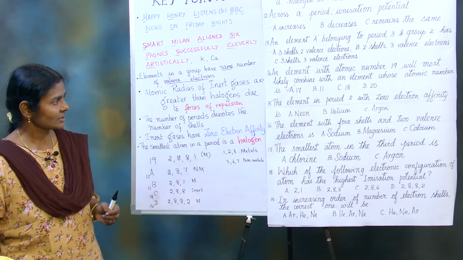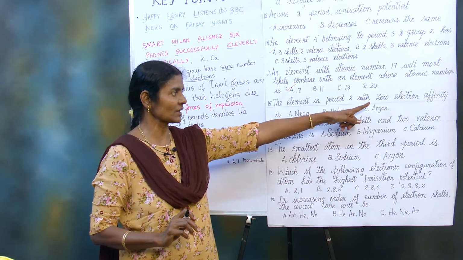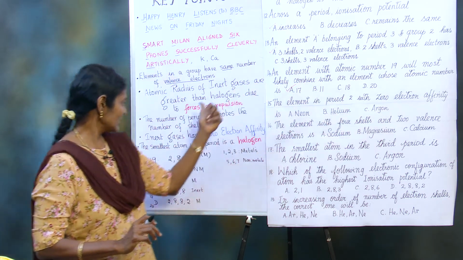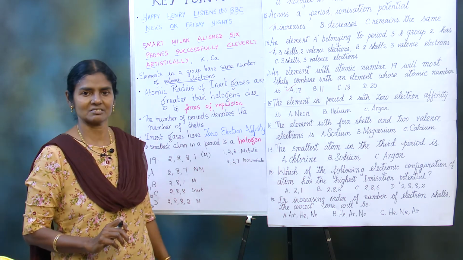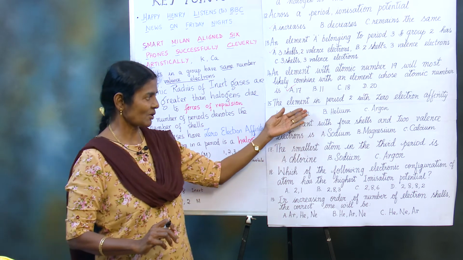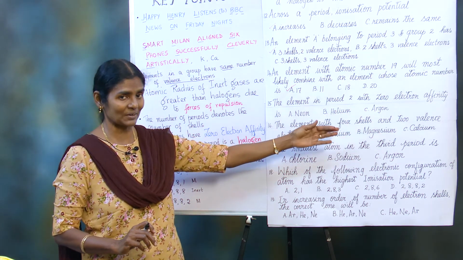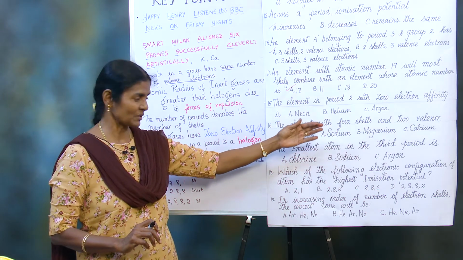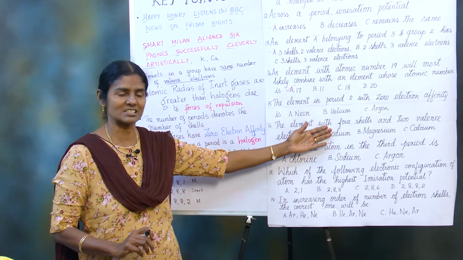Next, the element in period 2 with 0 electron affinity. We have here all inert gases have 0 electron affinity. But here we have all the 3 gases that are there are inert gases. So we need to know the order also. That is where we need to learn the order of this group, that is group 18.